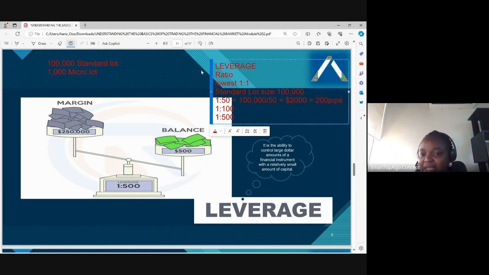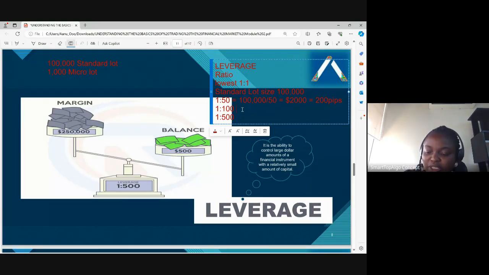This is the risk of using leverage. If I use a leverage of 1 to 50 and I have $2,000, I can enter a trade of 1.0. But if the trade goes against me 200 pips, I will lose these $2,000.